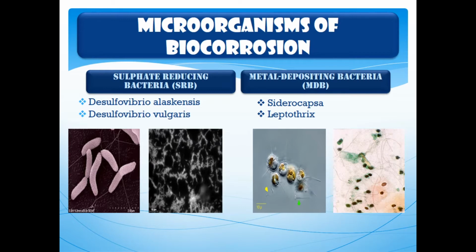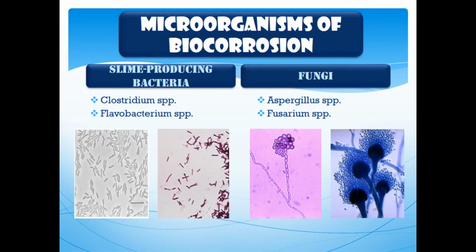The genera Siderocapsa and Leptothrix are among the examples. The next class is slime producing bacteria. The examples under this class are Clostridium species and also Flavobacterium species. The last class is fungi. Among the examples are Aspergillus species and also Fusarium species.